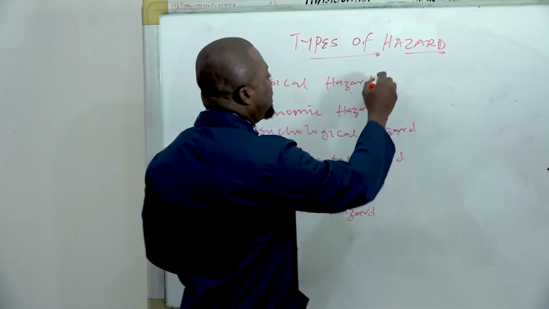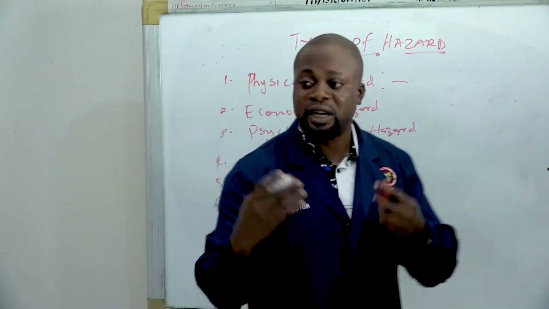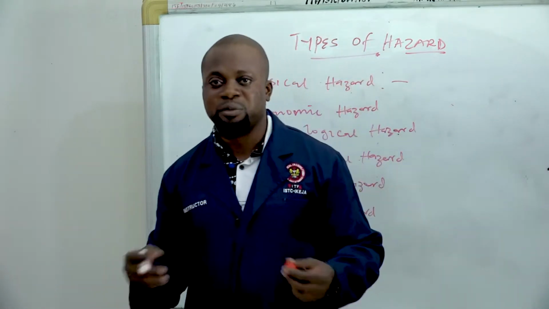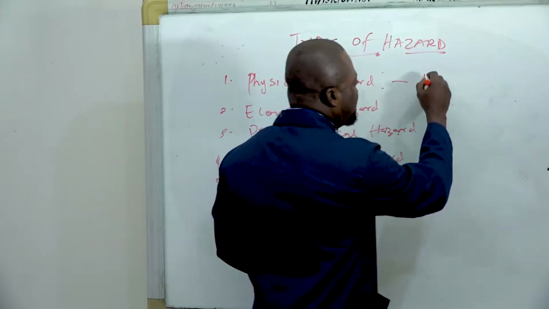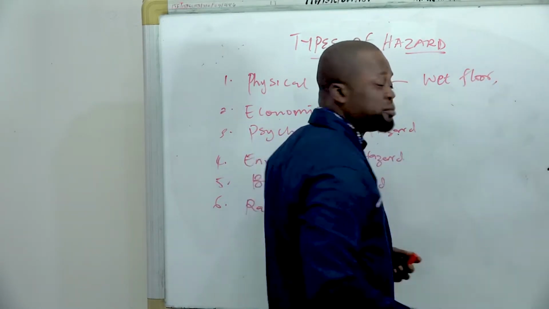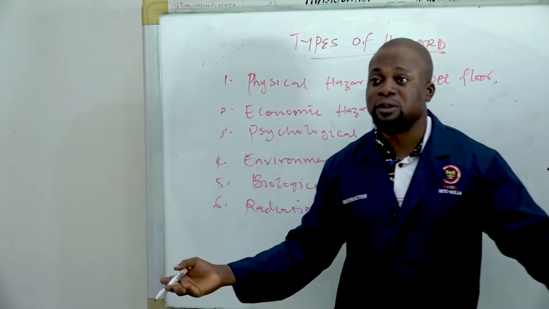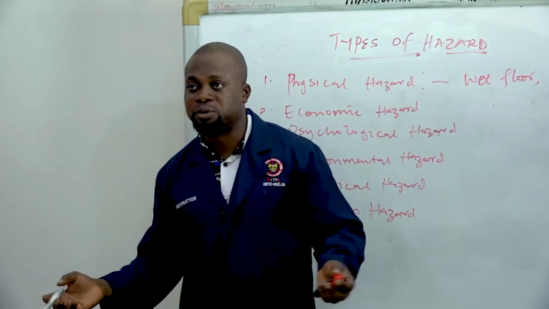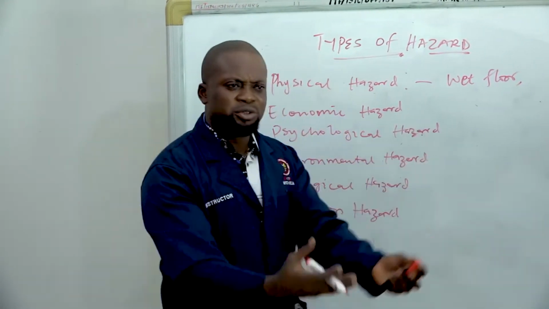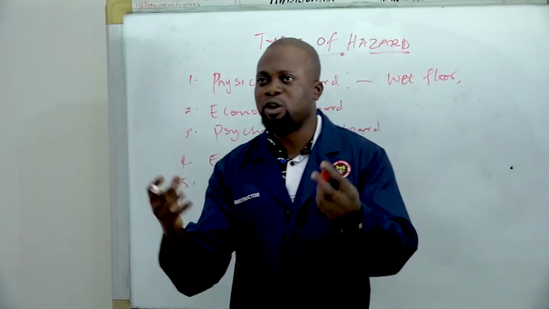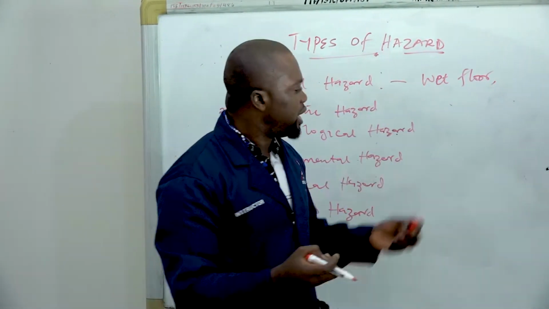In elaborating more on all these physical hazards, the hazards you see around the environment, we have wet floor. Wet floor can be what? A hazard. When the floor is wet, it is a hazard because it can trip you. Then in the electrical department, we have loose electrical cables.